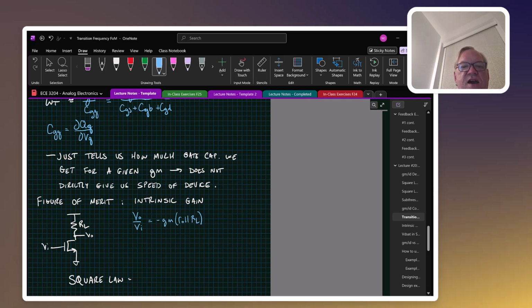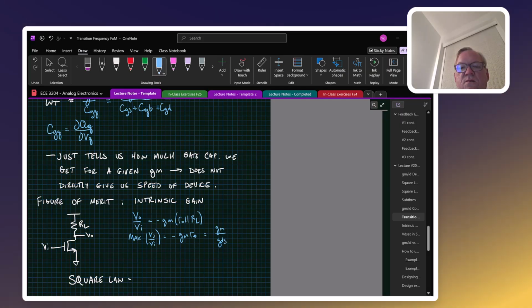If we take the max of VO over VI, it's equal to minus GM times RO, which is equal to GM divided by GDS, where GDS is the same as our output conductance, GO.